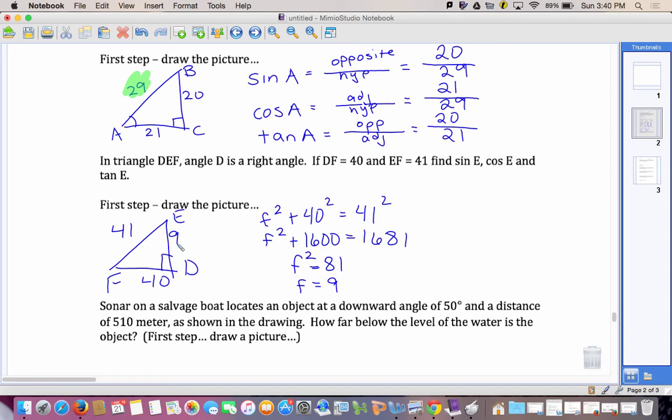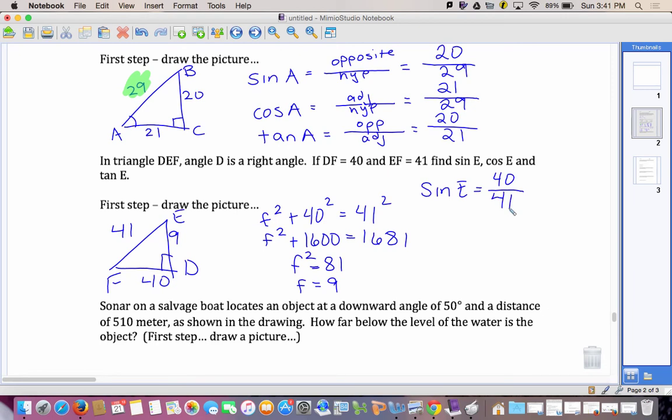So now I need to know what the sine of E is. And sine of E is the leg opposite of E, which is 40, divided by my hypotenuse of 41. So sine of E would be 40 over 41.